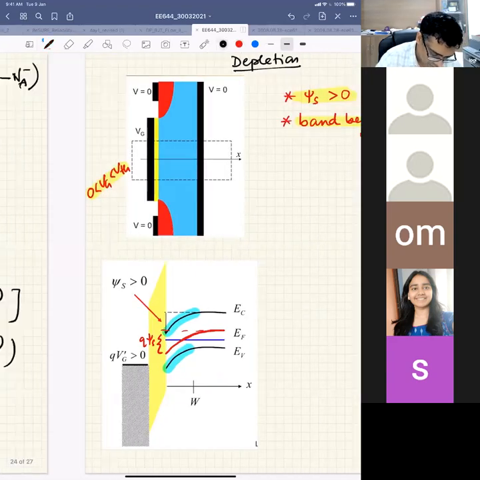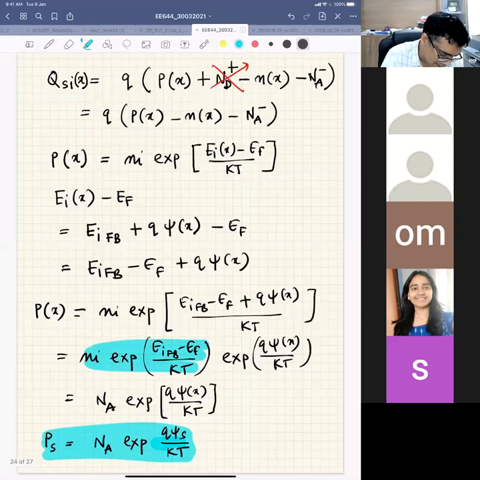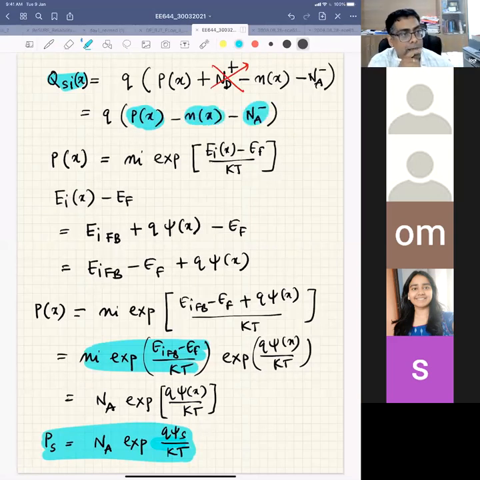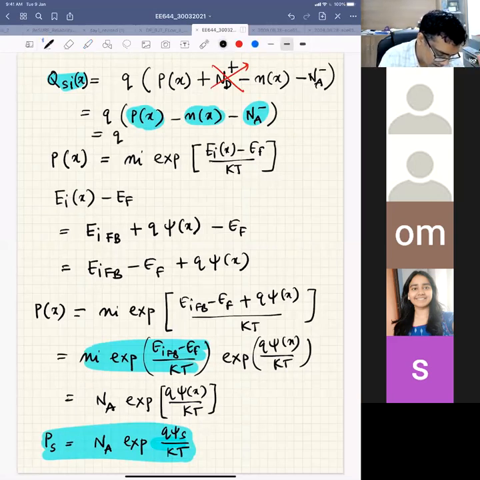Here I also forgot to tell you. You see your total silicon charge has hole charge, electron charge, as well as your negatively charged acceptor ions. But in the accumulation condition, your n is very less, because in accumulation there are no electrons.